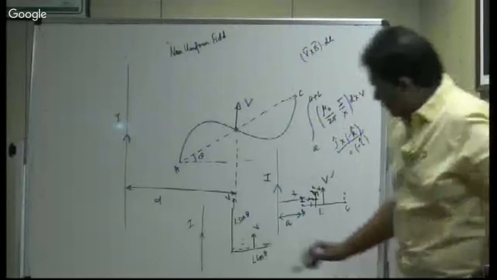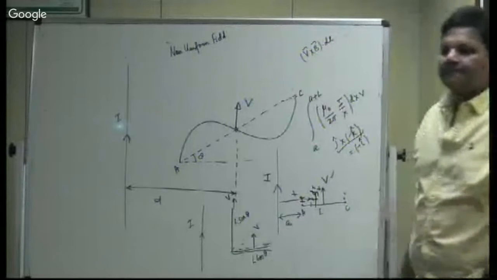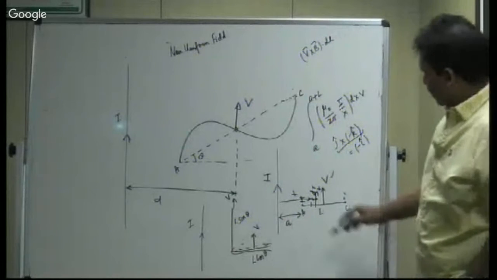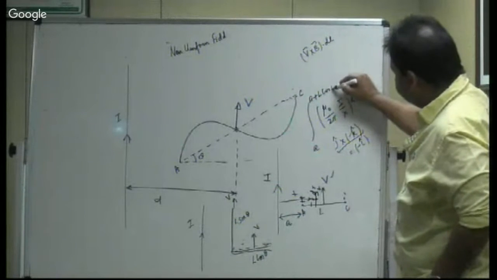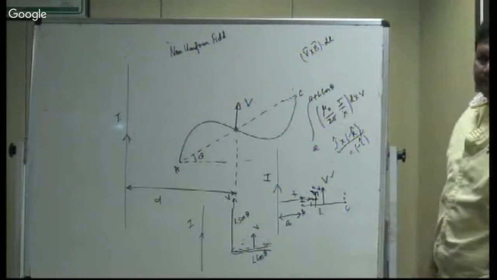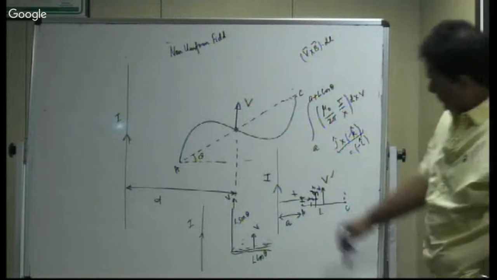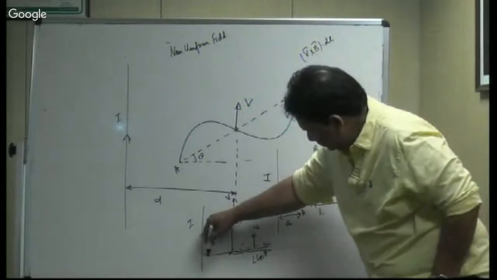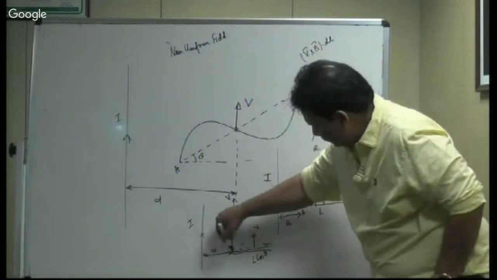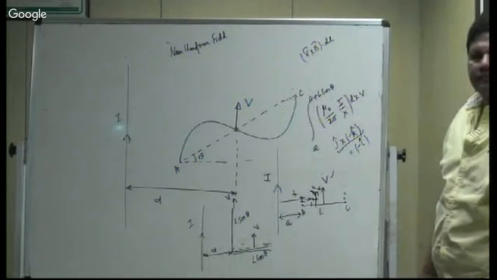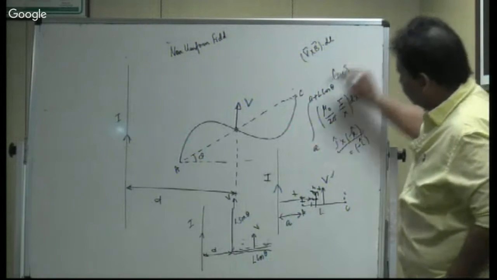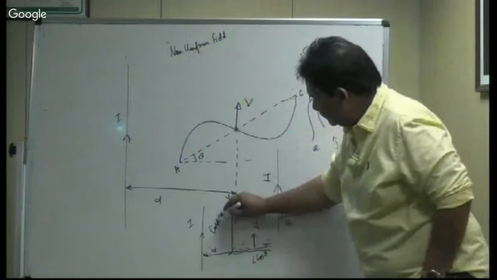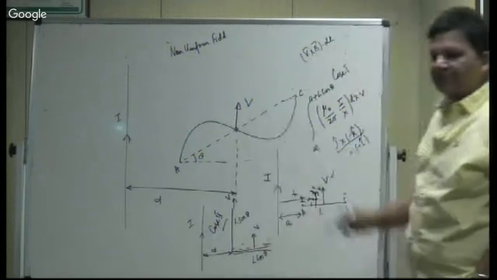Yes, but the motion of this conductor will definitely cause a change. So instead of L, what would I use? A यहां से यहां तक, a to a plus. So this could be case 1, this is case 2, and this is case 3.